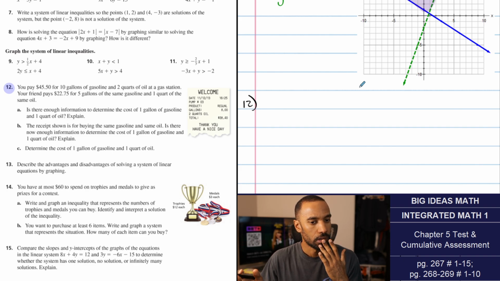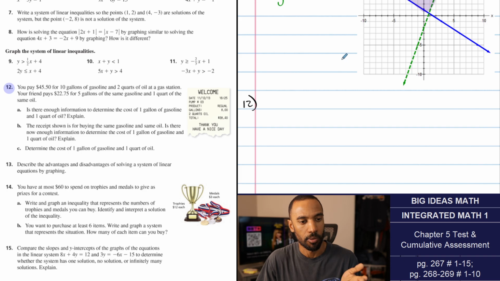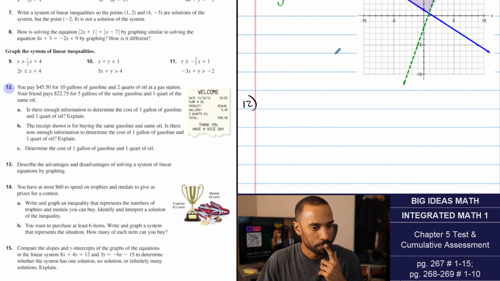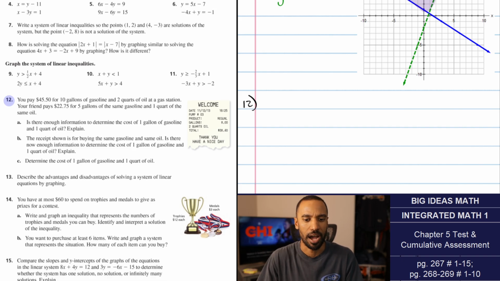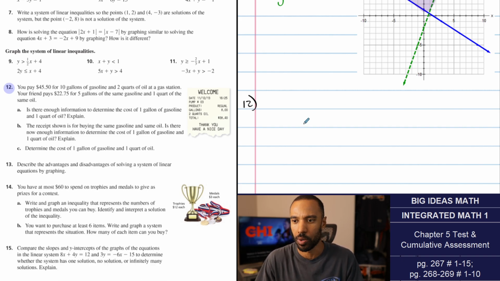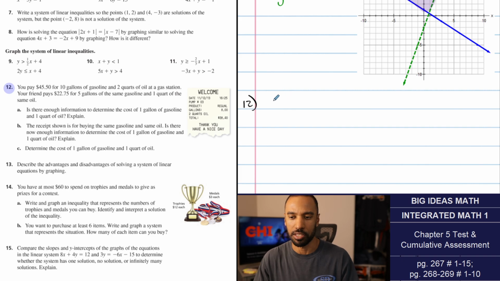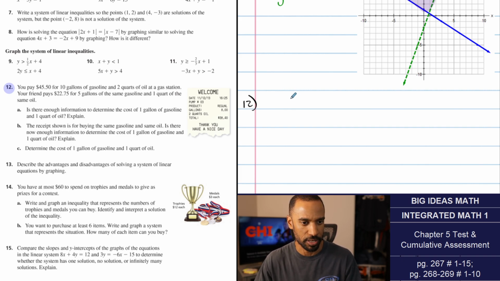I have to think about it, because proportionally it's 10 gallons of gasoline and 2 quarts of oil, versus 5 gallons and 1 quart of oil. Maybe not for this one. I was thinking that slopes were different, but now when I do a division, that's not the case.